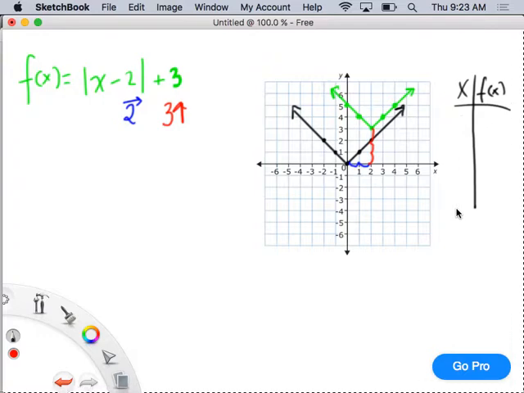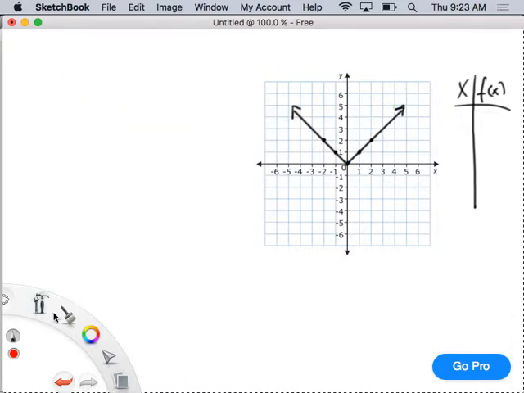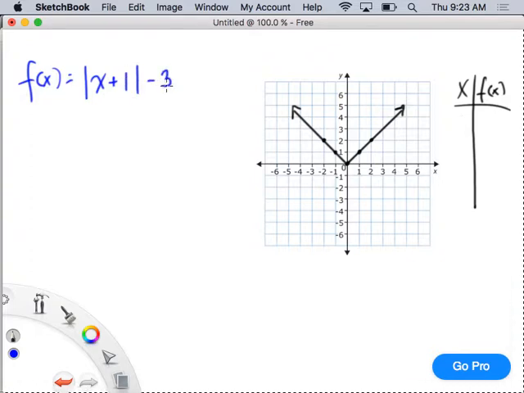You guys think you're ready to do one on your own? Okay. All right, so let's go ahead and do one on our own. F of x equals the absolute value of x plus 1, minus 3.